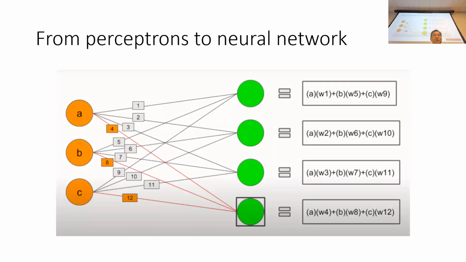Now we put multiple neurons into a network. So I think in this graph, I'm not so sure whether they gave this input data or whether all these orange or green dots are the neurons.